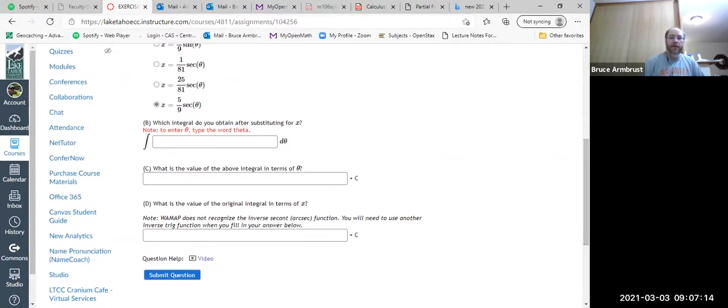Okay, so which integral do you get after substituting for x? At this point, I would probably put in, pardon me if I don't remember the exact numbers, 81/5 sine squared theta. I think that's what I would put in here.